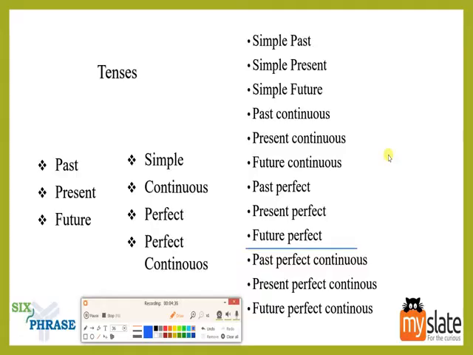If they are asking you a very simple fill up question in some other subject, it will be related to your subject. They do not care about your tense.